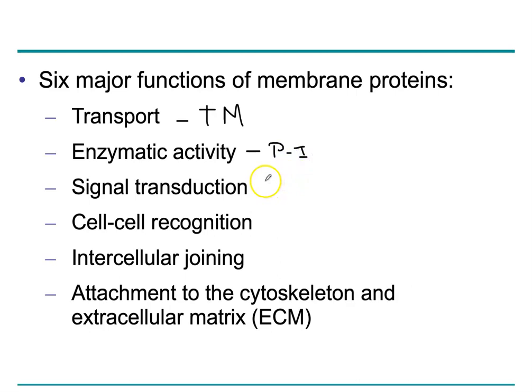Signal transduction is happening on peripheral, on the internal. Cell-to-cell recognition is going to be peripheral, external. Cell joining, the connections between cells, is going to happen peripheral, external.